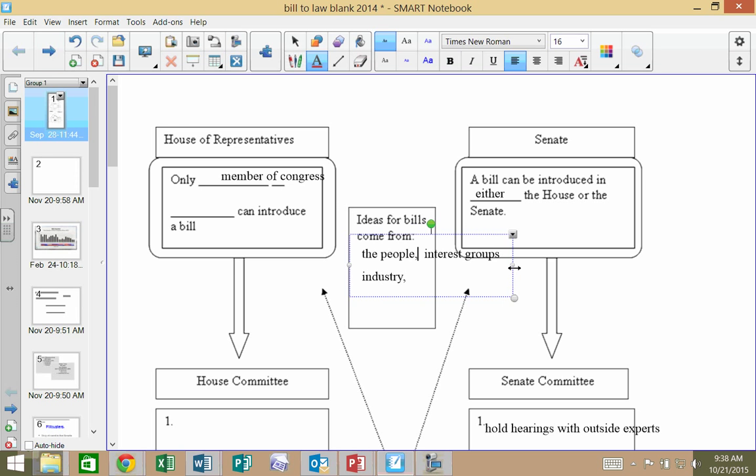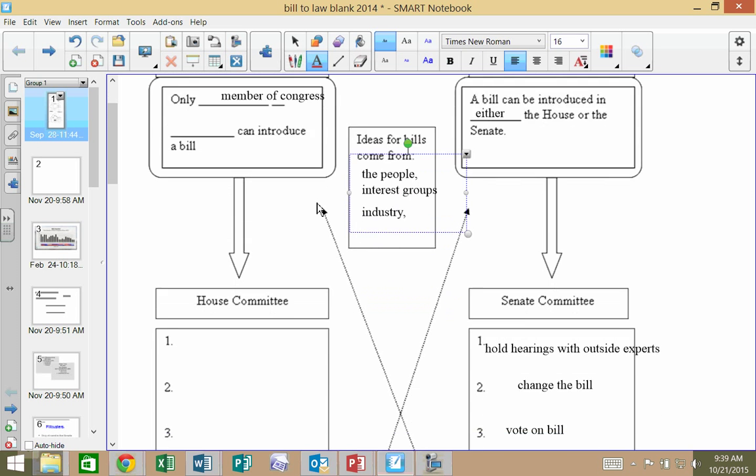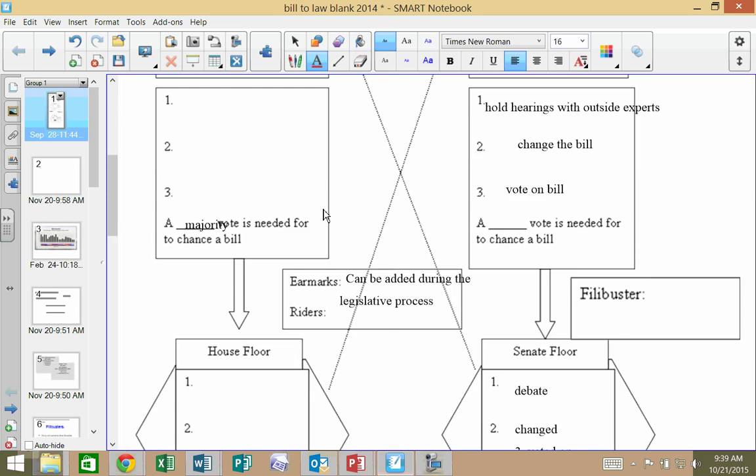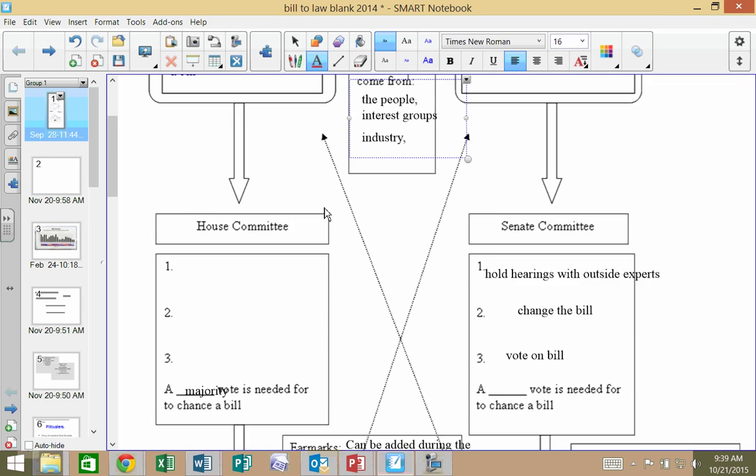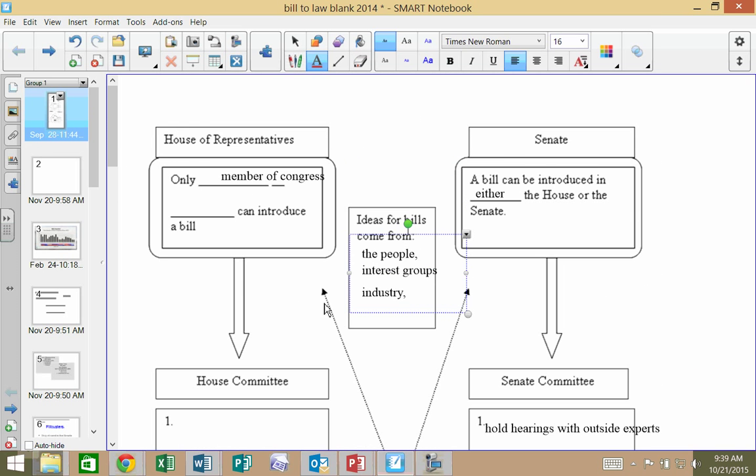So if you have an idea for a bill and you want to get that bill introduced, you can write that bill yourself. And interest groups do a lot of that. They can write a bill, but they can't introduce it. Only members of Congress can introduce that bill. So you got to get somebody who's in Congress to take up that bill for you. And if you can do that, then your bill has a chance of making it, though not a real good chance, because bills don't make it very often.